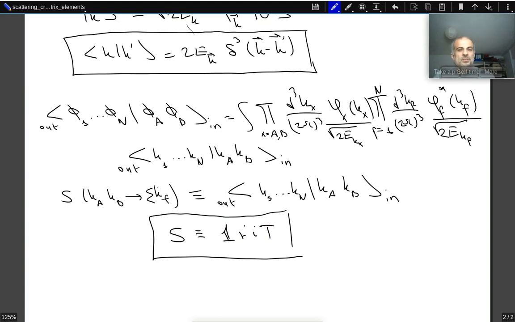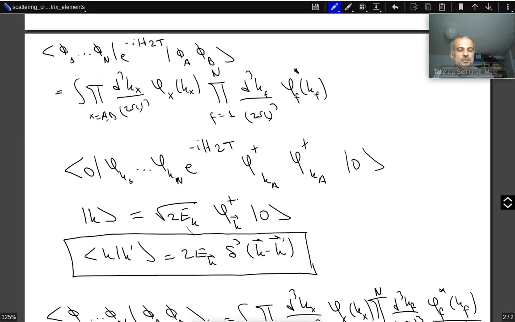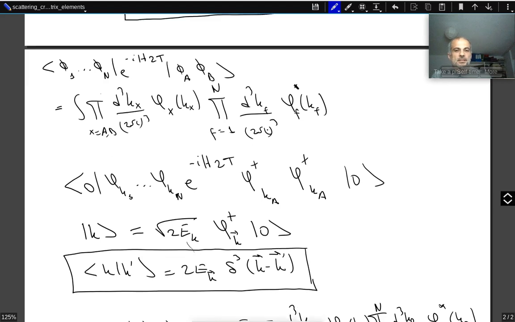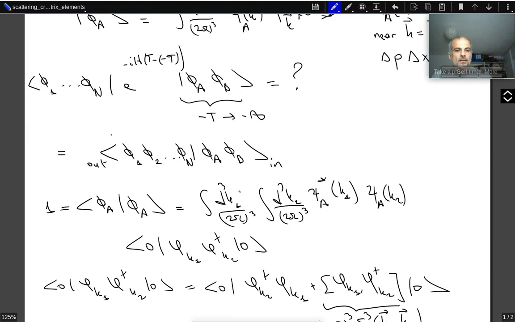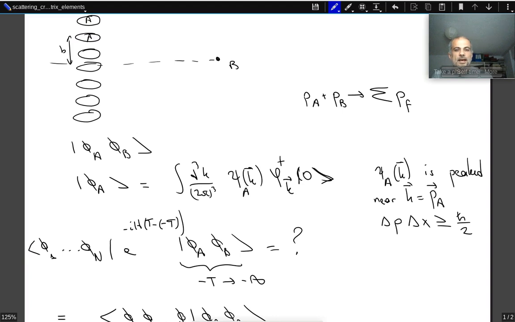And before continuing, let me also make one correction. So here for the in states, you see this psi A, we said that psi A k is peaked around k is equal to PA. Its Fourier transform, the position space, will be peaked along this line. So psi A of k actually corresponds to B is equal to 0.